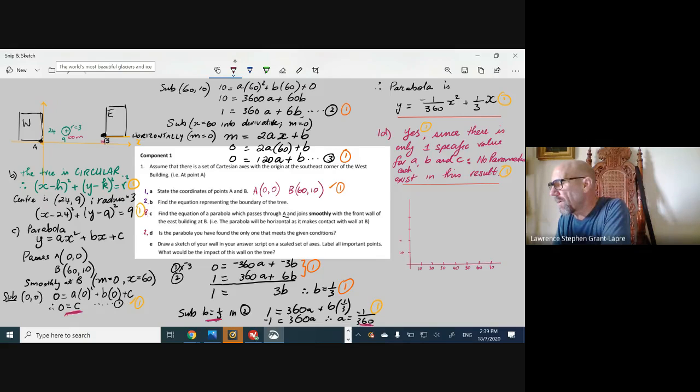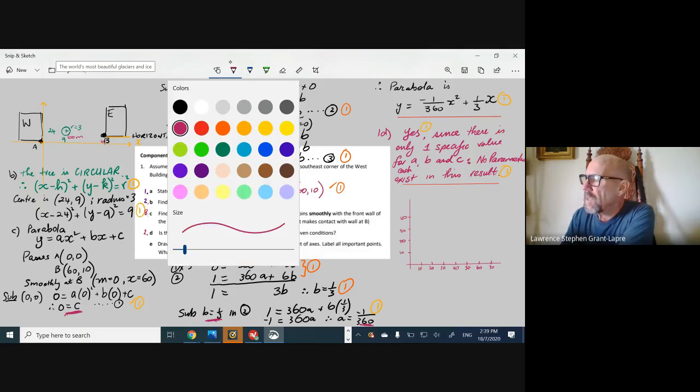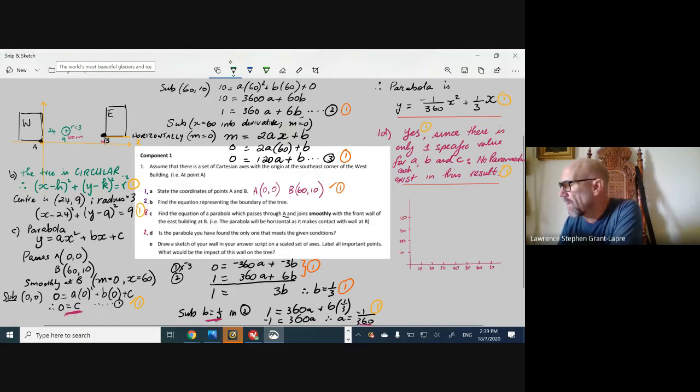$10, $20, $30, $40. Okay, let's put our points that are 60, 10. It said to label them. Label all important points. So we'll put 0, 0, 60, 10.